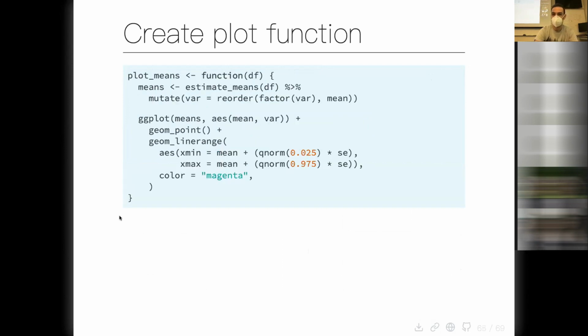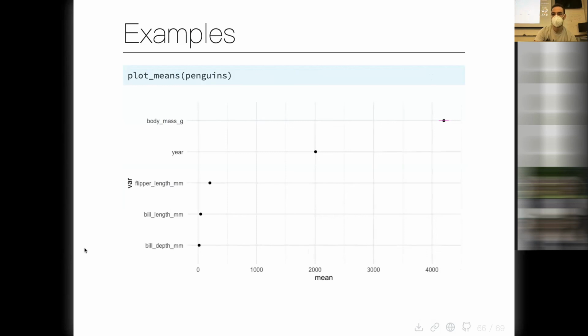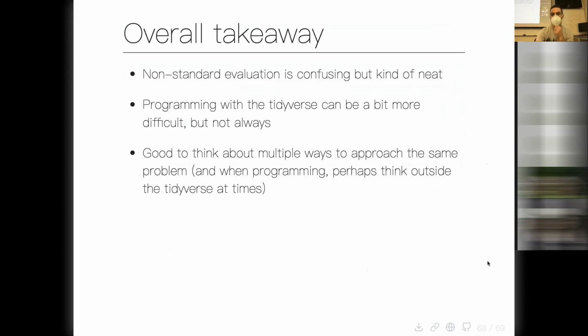Here's the answer. We have successfully avoided tidy eval entirely. There you can kind of see my geom_linerange, tiny bit there, but you can see it works for other ones.